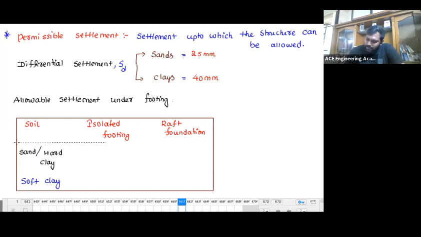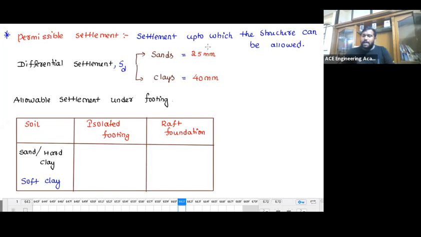Now, in this case, can you please tell me, question number 1 for you: do isolated footings undergo more settlement or do raft footings undergo more settlement? Think and say.